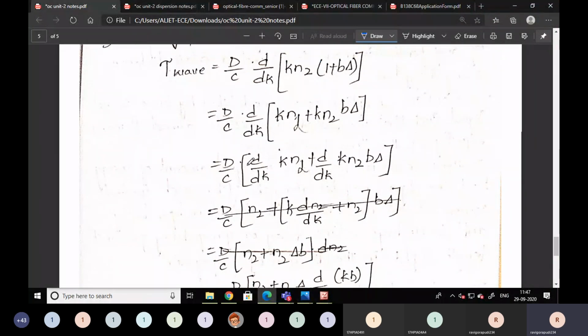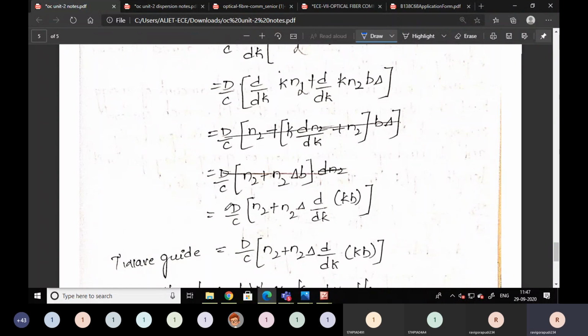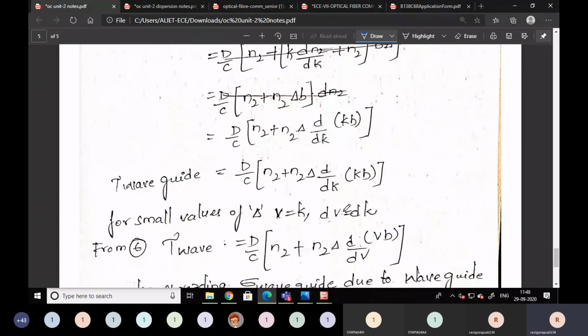Differentiate with respect to dk, then we will get d by c into n2 plus d by dk of k n2 delta b, where n2 delta is a constant. So for waveguide, we simplify like this.